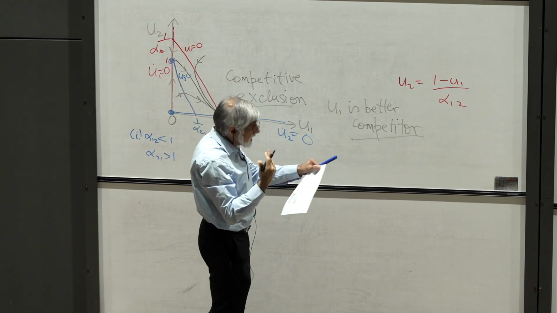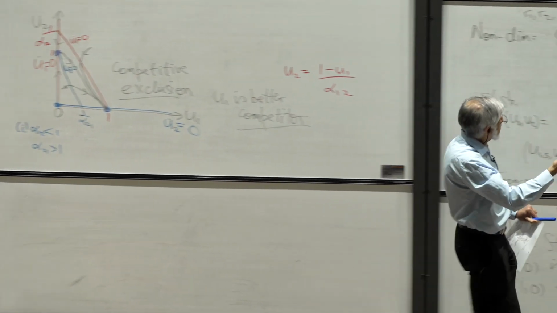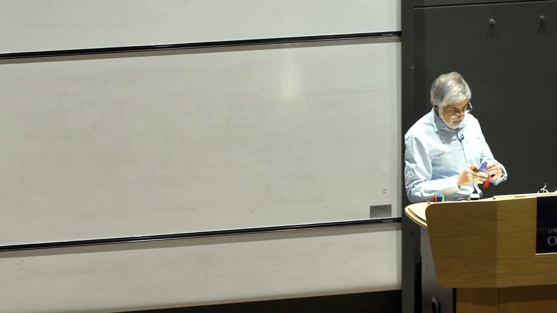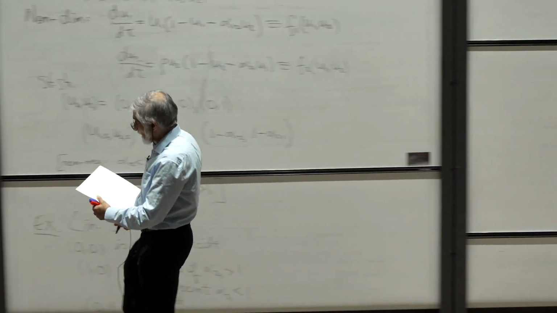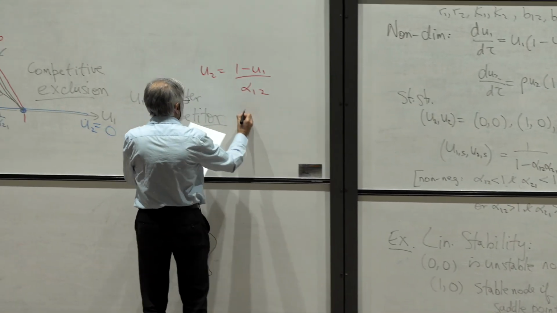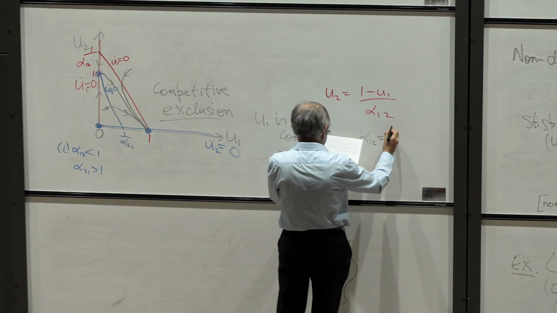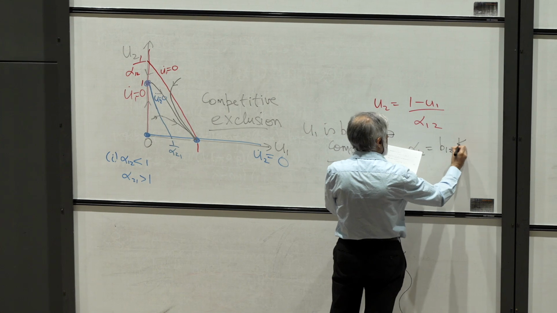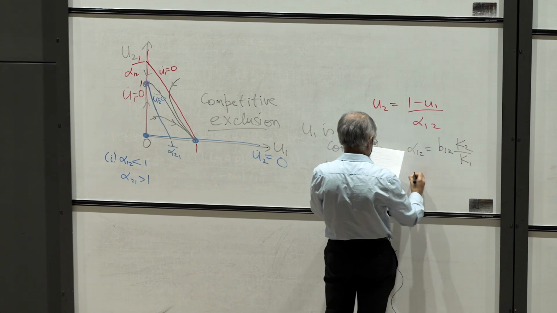And really to understand this fully, of course, we should go back to our dimensional parameters, which is the same sort of thing. That's B1,2. If you do the non-dimensionalization, you get that.